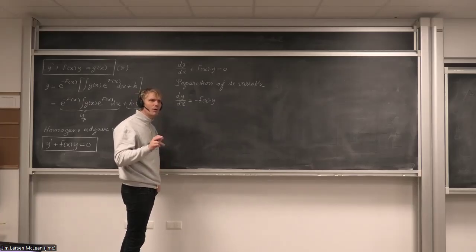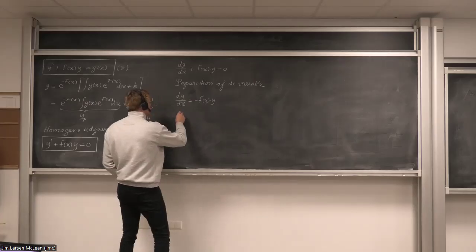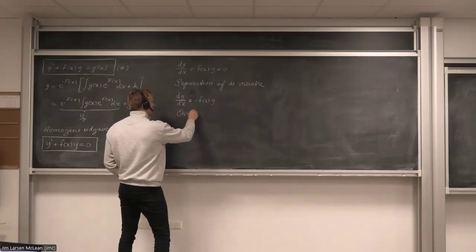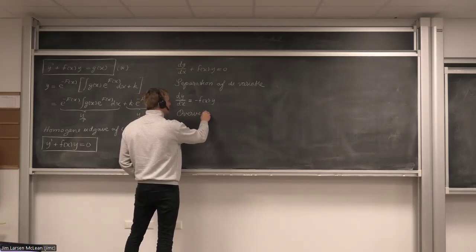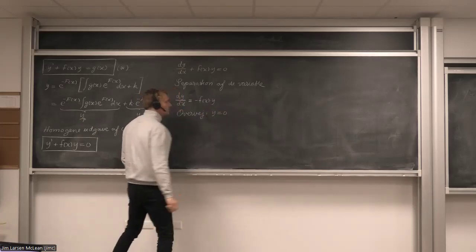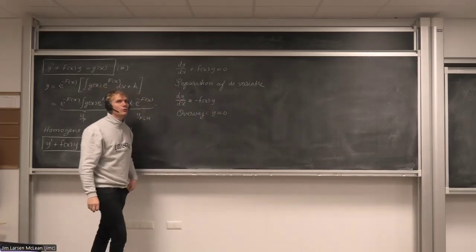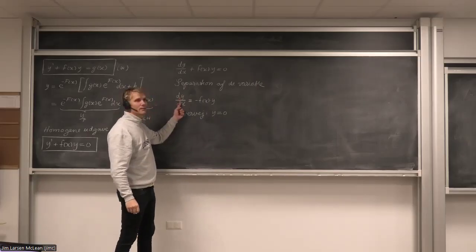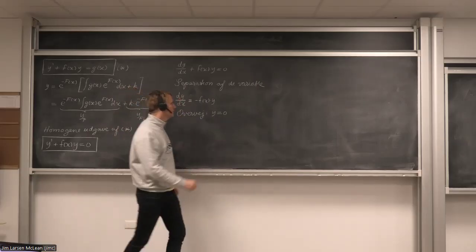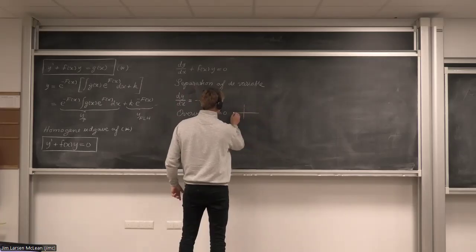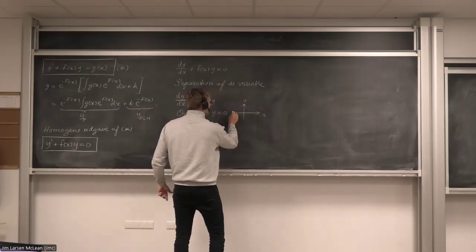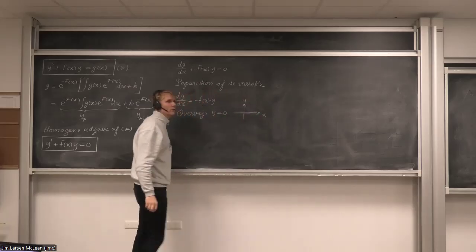So let's consider the special case where y is 0. Consider this with me. What happens if y is equal to 0? If y is 0, what does dy dx give? 0, because y equals 0. That's the function whose graph lies right on top of the x-axis. So the graph is just right here, directly on the x-axis. That's y equals 0.